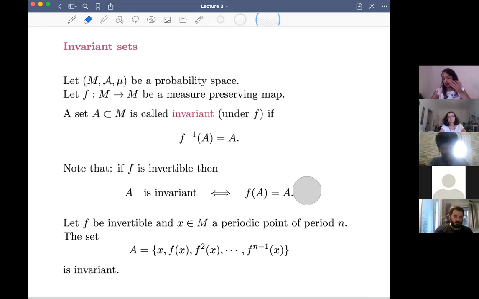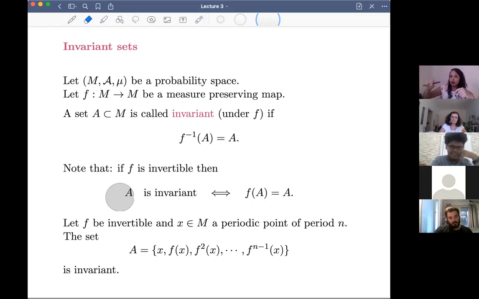Okay, so an invariant set that we know already is the orbit of a periodic point. If your map is invertible and you have a periodic point of period, let's say n, then the orbit of it is only x, fx, up to f^(n-1) of x. This set is invariant. When you apply f on it, it just moves the points.